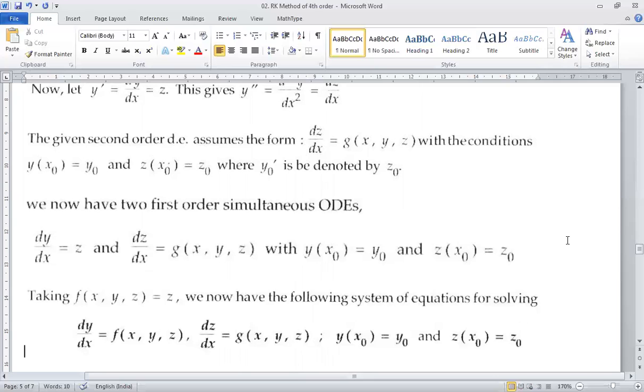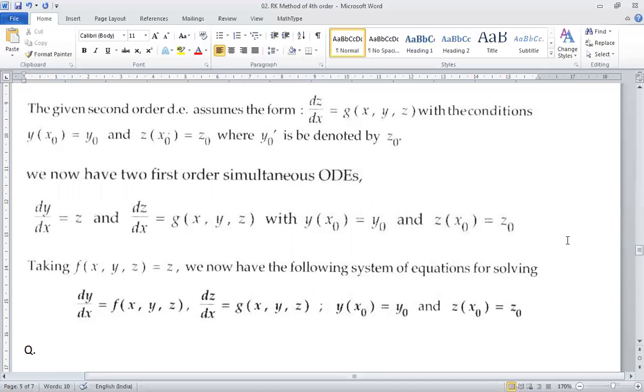Okay, now we have two first order simultaneous ordinary differential equations. The first one is dy by dx is equal to z, and the second one is dz by dx is equal to g of x comma y comma z, with the initial conditions y of x naught is equal to y naught and z of x naught is equal to z naught. We replace z by f of x comma y comma z, taking z as the function f.